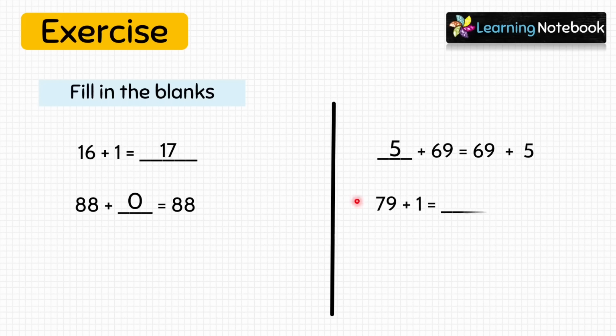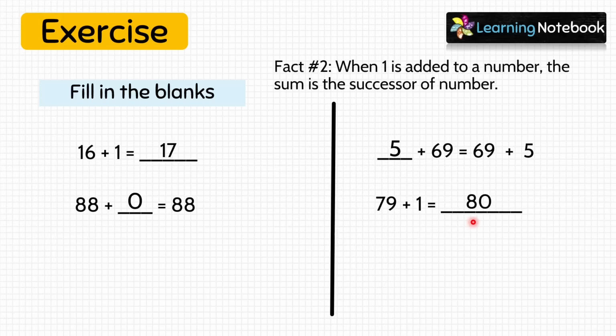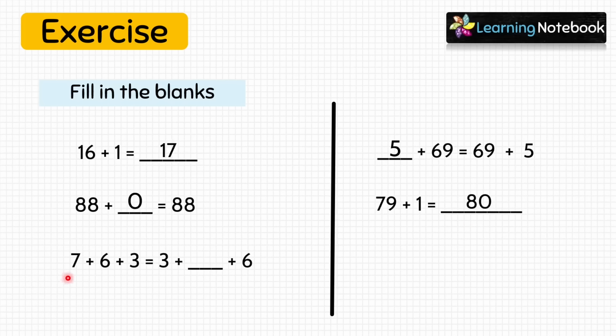Let's see the next question. 79 plus 1 equals dash. So here we have to fill in the successor of 79, which is 80. Okay. Let's see the next question. 7 plus 6 plus 3 equals 3 plus dash plus 6.